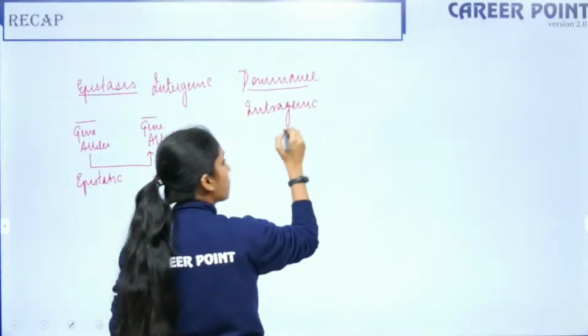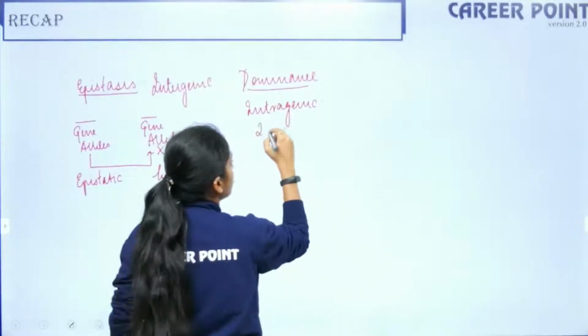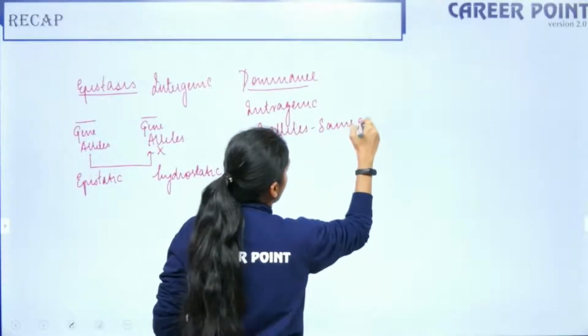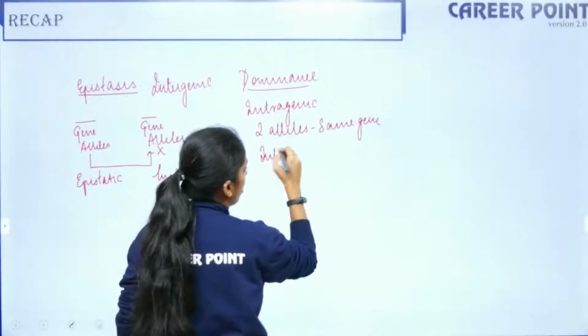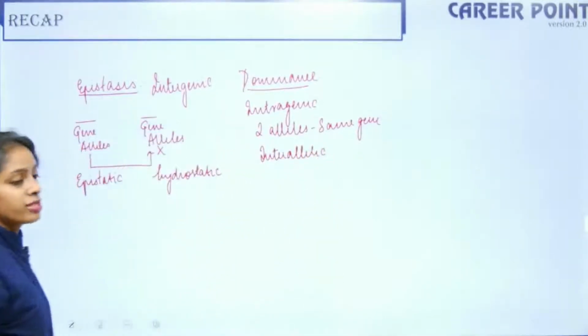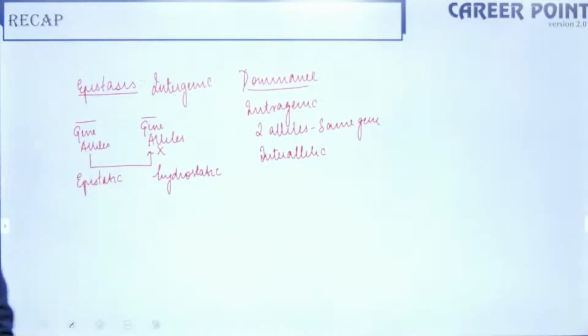Dominance happens between the alleles of a same gene, between 2 alleles of a same gene. So dominance is intragenic, or you can call it intra-allelic. This is the difference between epistasis and dominance. Please make a note of it.